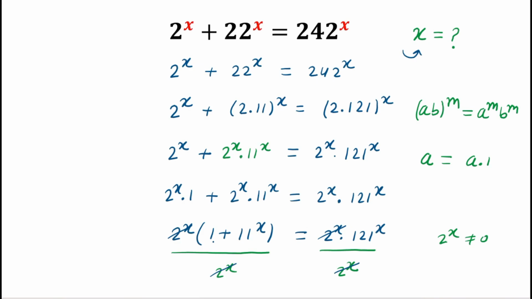On the left hand side 1 + 11^x is equal to, on the right hand side, 121^x.